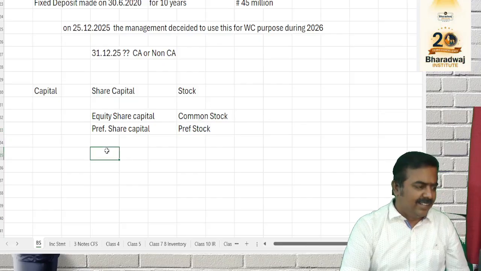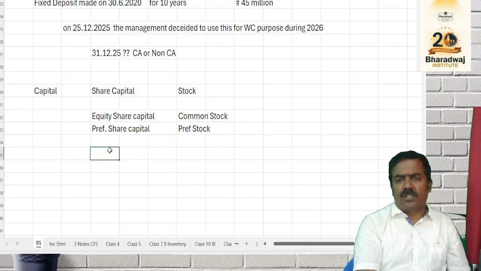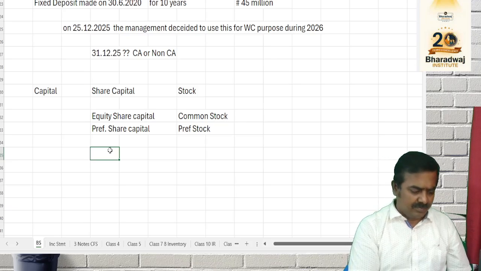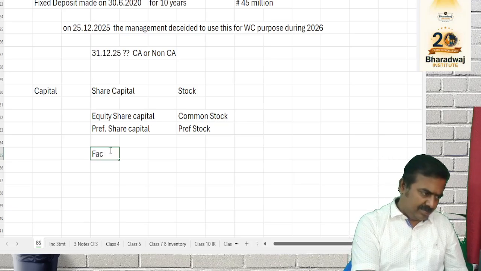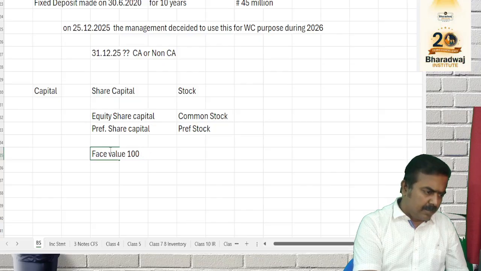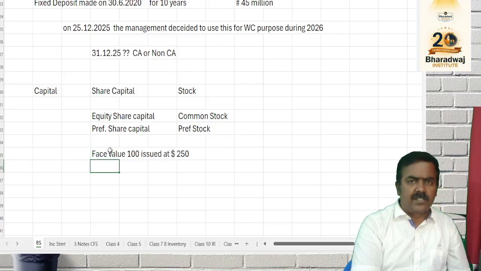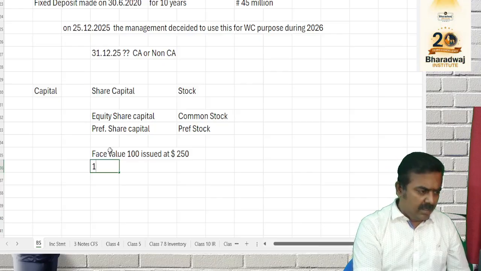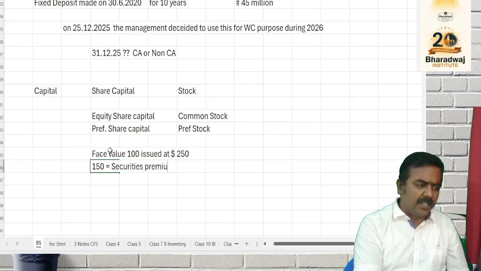In India, when you issue shares at more than the face value, say face value 100 issued at 250, the extra 150 is called securities premium in India, or share premium.